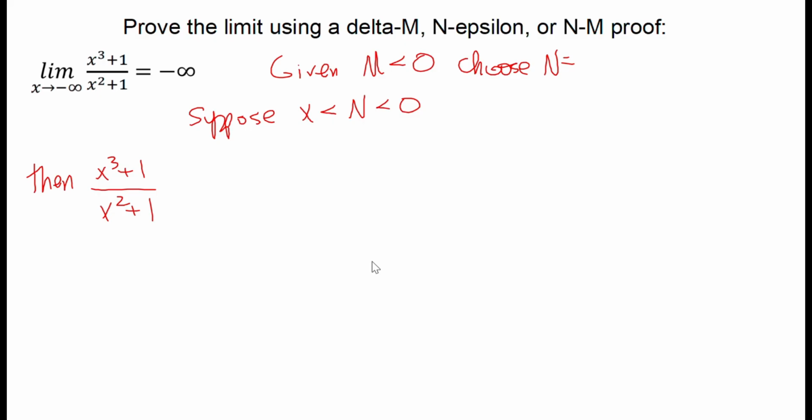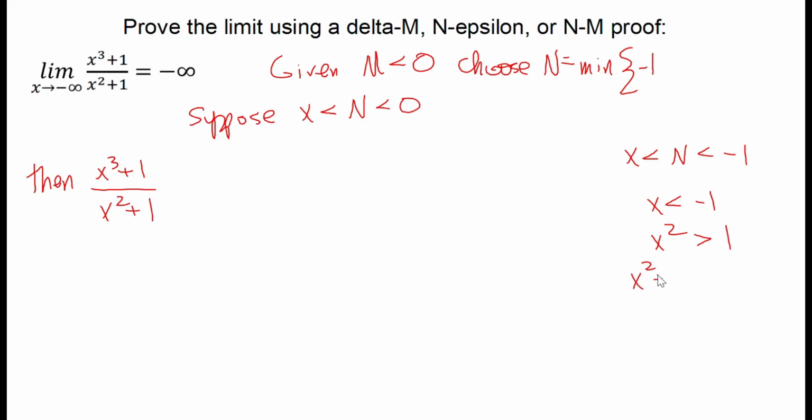So we may not have a good idea of where to start with this, but what we're going to do is put a little extra constraint right now that x is less than n is less than negative 1. The reason I'm doing that is if x is less than negative 1, then I know that x squared is greater than 1. Then we can use the little trick that we did with the last one, where we added the x squared in to both sides.